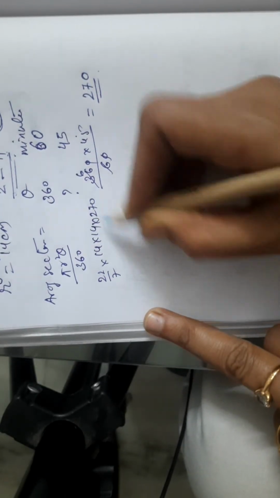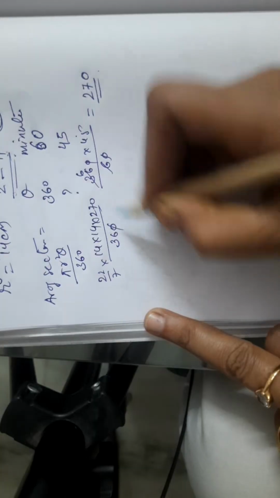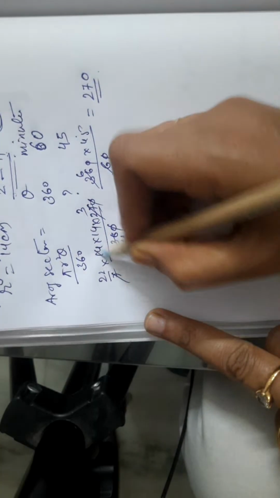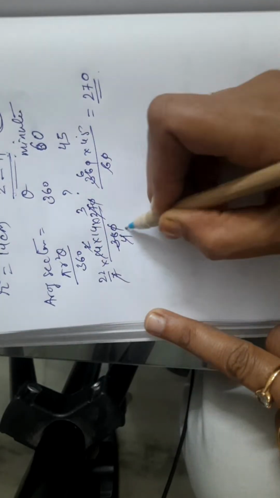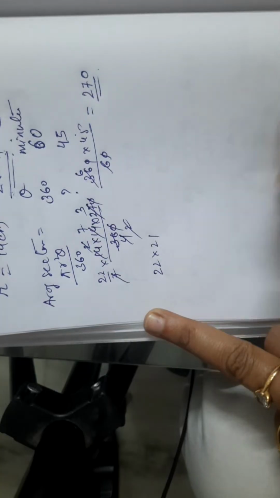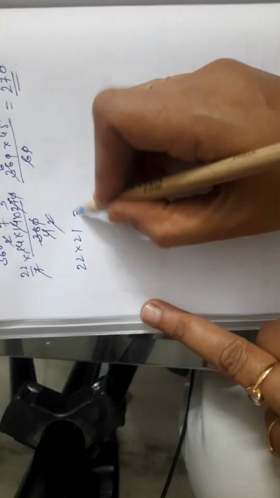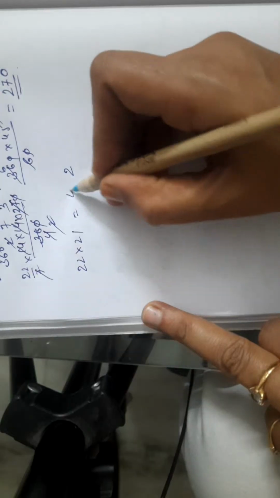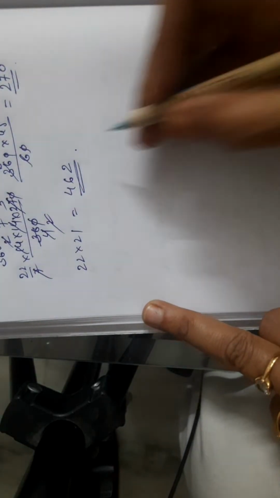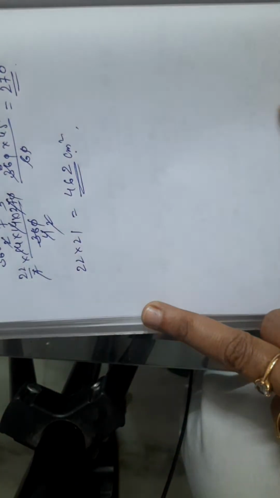Theta we calculated 270, whole divided by 360. 9 3s are, 9 4s are, 7 2s are 14. So the final answer is 22 multiplied by 21, so it's 462 centimeter square. Is it clear?